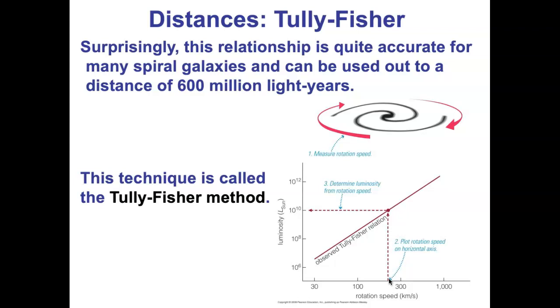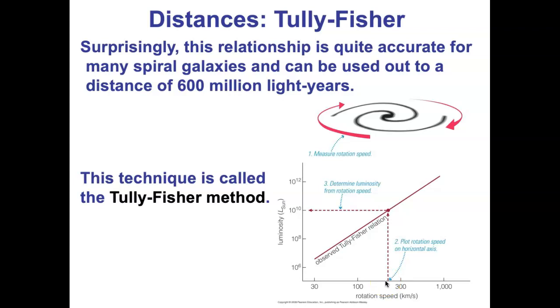Why would there be a relationship between the rotational spin and the luminosity? And the answer: what's the one thing you would want to know about a galaxy? Mass, of course. If a galaxy is more massive, then that galaxy is pulling on the stars with a stronger gravity, and they're going to spin faster. The stars are going to be orbiting around the center of the galaxy faster.